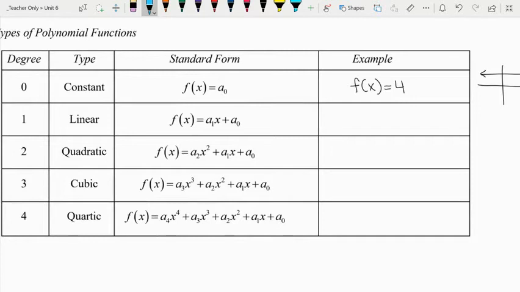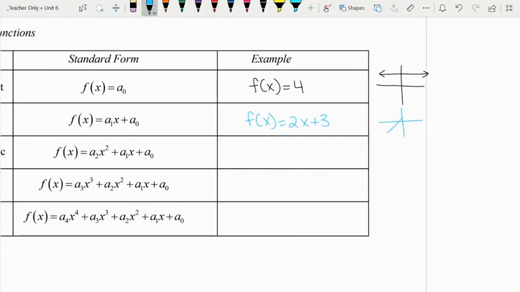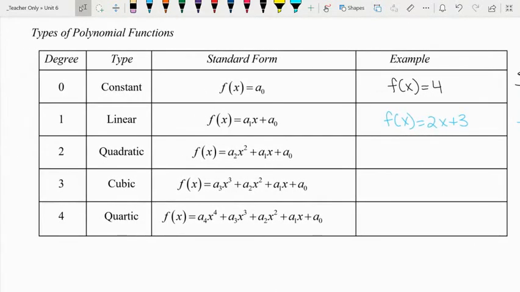The next one is linear, and hopefully that makes sense to you. You see this all the time. It's something like f of x equals 2x plus 3. So you would have something like this. Very similar to the constant, but the constant is a horizontal line.